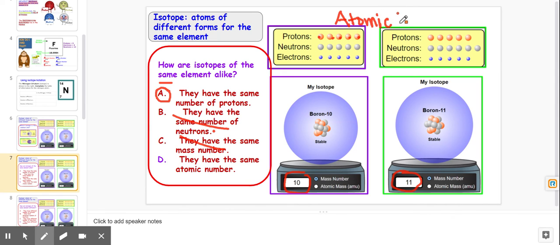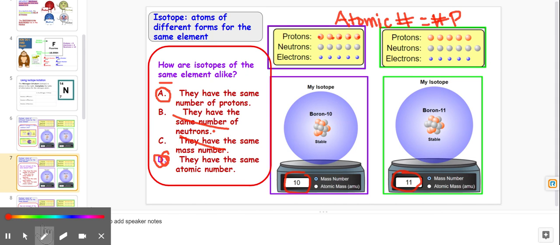If they have the same proton number, they have the same atomic number. So we want to select that one too. So we're going to select A and D for that question. That's how isotopes of the same element are alike.